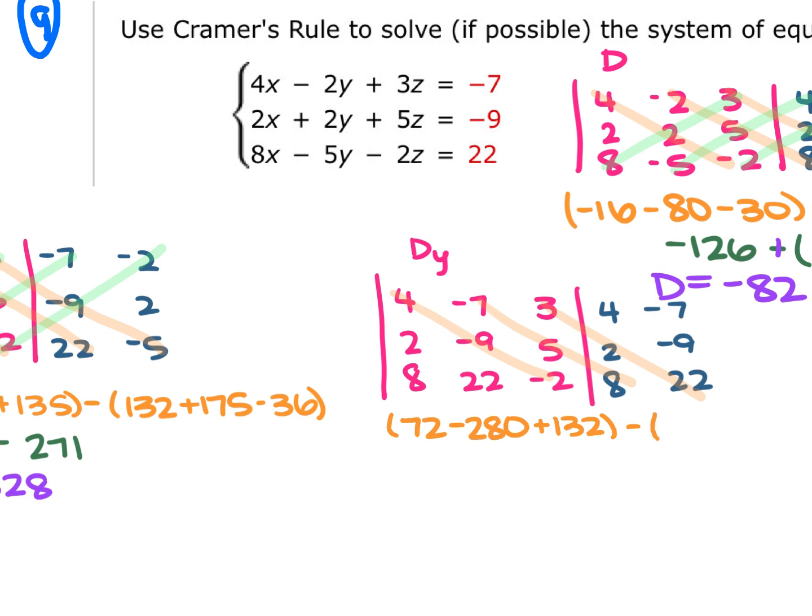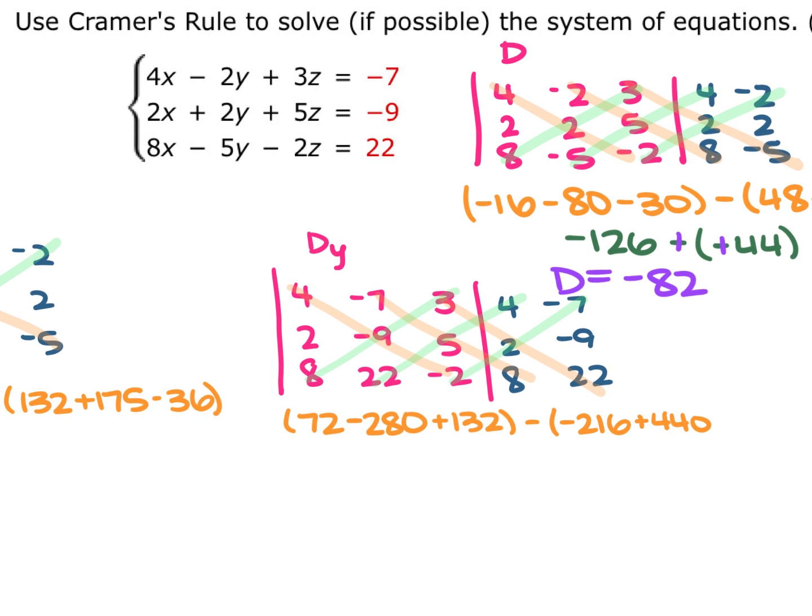Next, you're going to multiply from bottom to top. So you have 8 times negative 9 times 3, which is negative 216. Then 22 times 5 times 4, which is 440. And negative 2 times 2 times negative 7, which is 28.